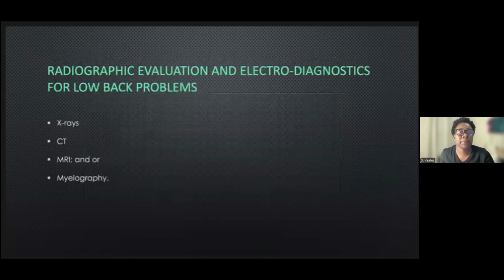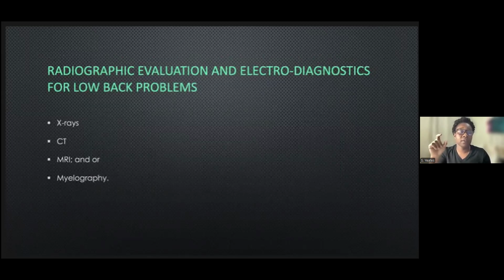So how do we examine patients radiographically who complain of lower back pain? Diagnosing lumbar stenosis in particular, or a herniated intervertebral disc, is helped by imaging, and it's very helpful only in potential surgical candidates.